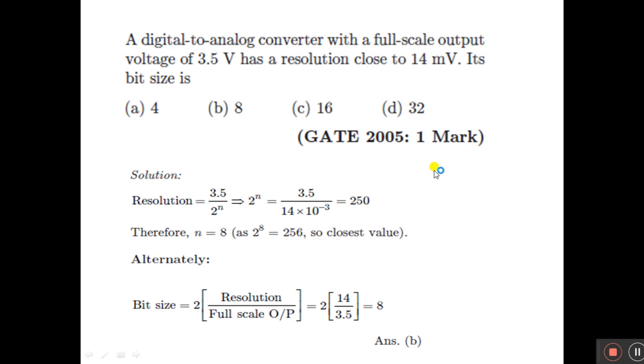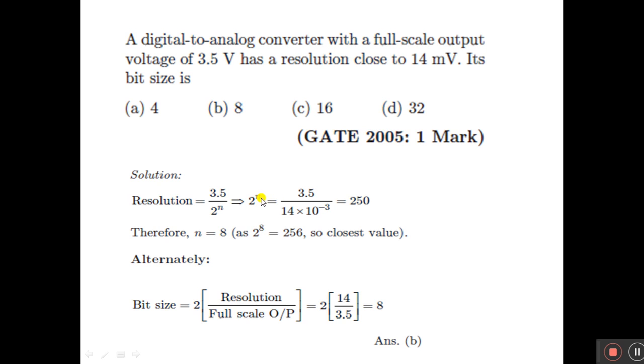This is also based on a formula only. The resolution is full scale output voltage divided by 2 power n. So 2 power n becomes 3.5 divided by the resolution, 14 millivolt, which is given. 14 into 10 power minus 3 gives 250.